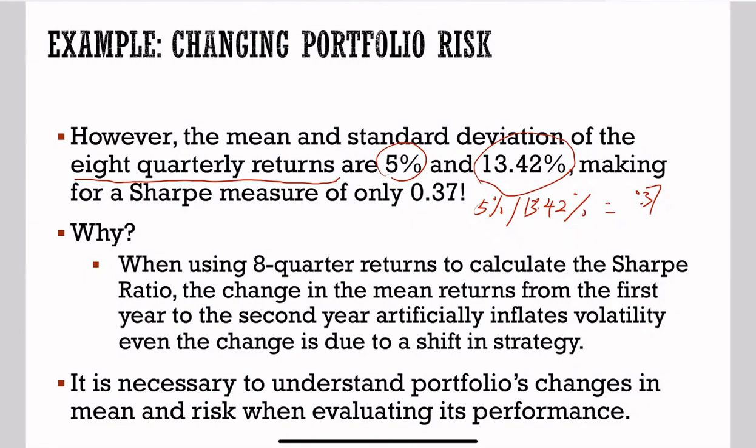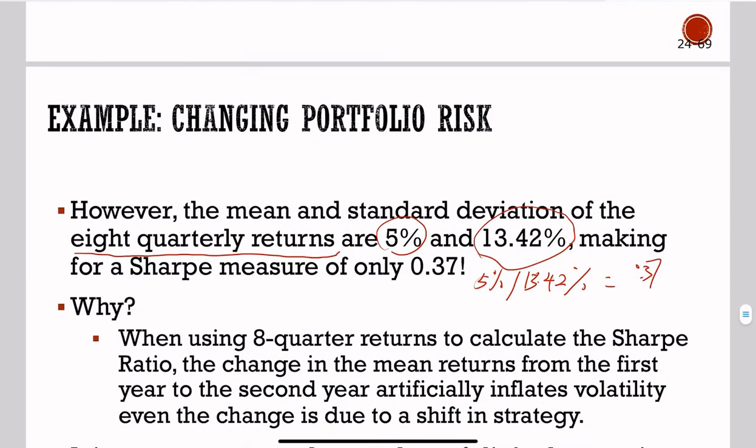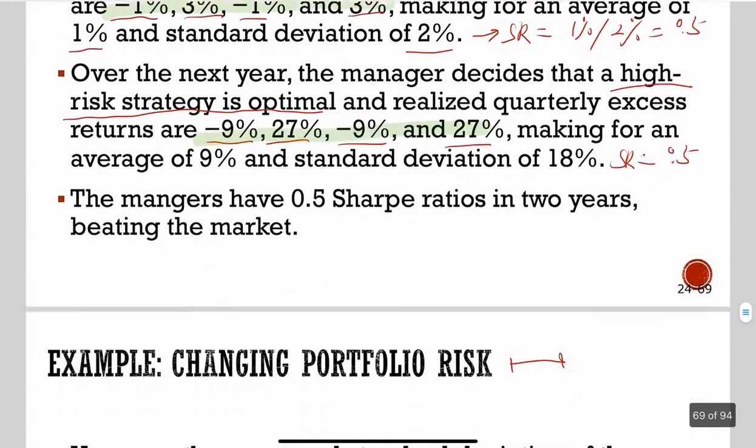The reason is that when you're using 8 quarters of return to calculate the Sharpe ratio, the change in the mean returns from the first year to the second year will artificially inflate volatility. Why? Think about this. In the first year, the return was 1%.